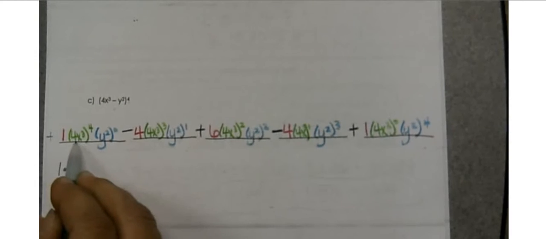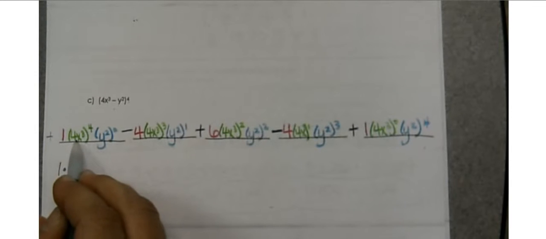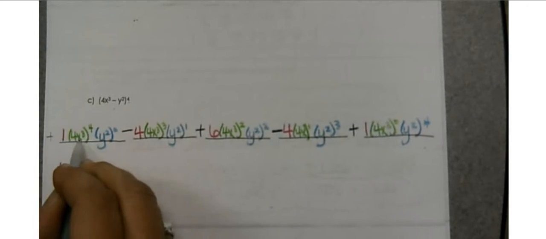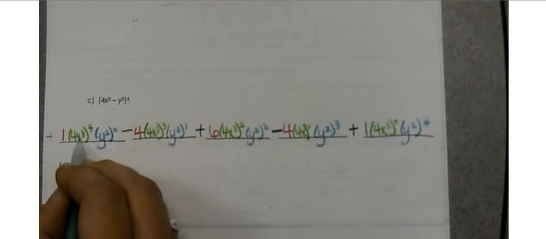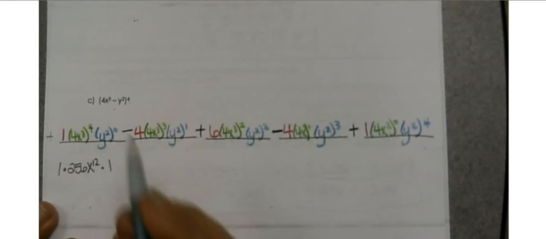I have 1. And when I have 4x cubed to the 4th, I have to raise 4 to the 4th power, which is 256. But I also want to take x cubed to the 4th power. Do y'all remember what we do to these exponents? Remember, we multiply them together to get x to the 12th. And then y squared to the 0 is just 1.